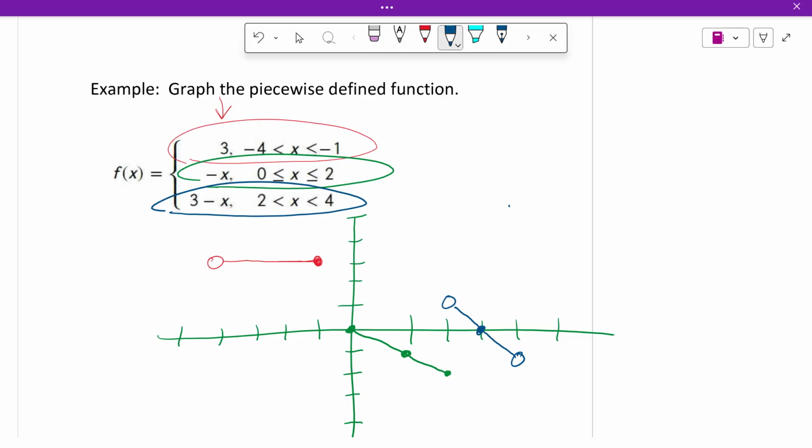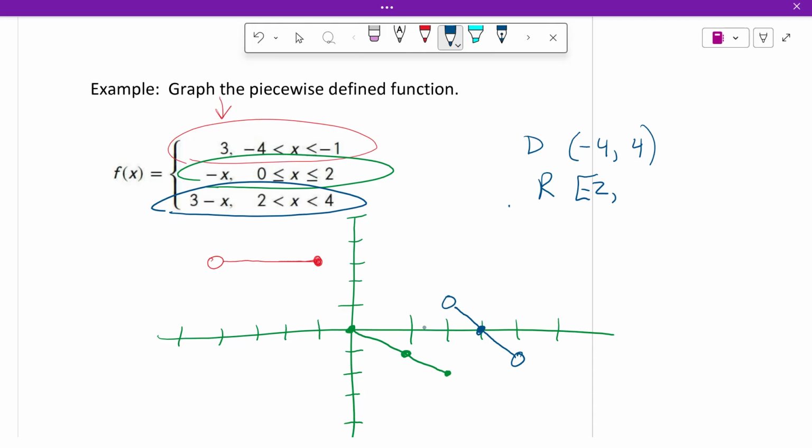Its domain would be from -4 up to 4. There's open circles at each end. Okay. The range, since we have a filled-in circle here at -2, it includes -2. And then we have a filled-in circle here up at 3. So we have a 3, but we skip over a spot.